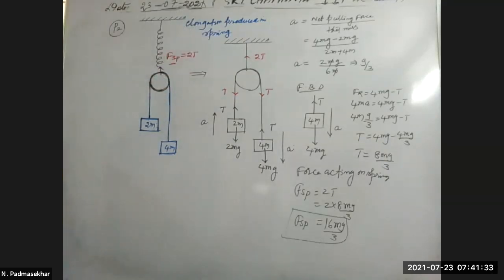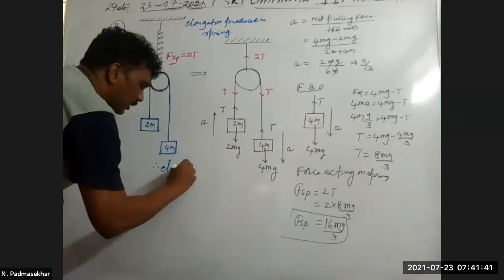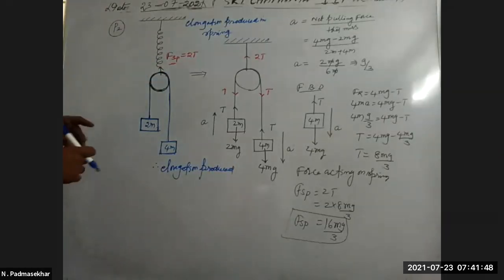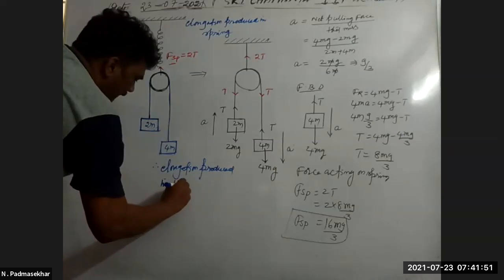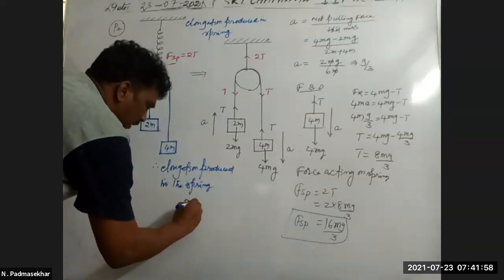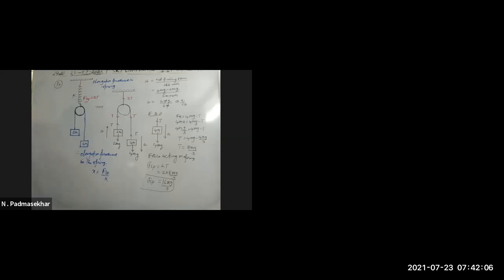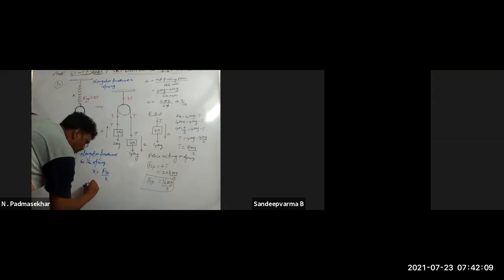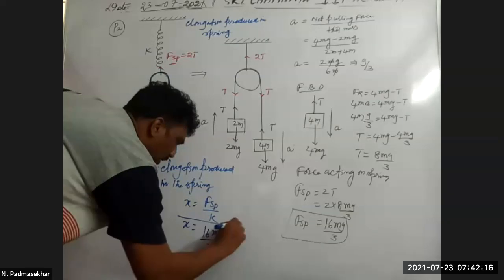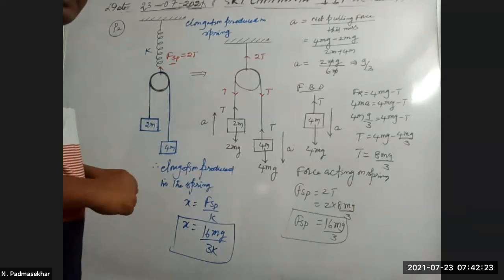The elongation produced in the spring is x equal to F_sp by k, where k is the spring constant. So x is equal to 16mg by 3k, the elongation produced in the spring.